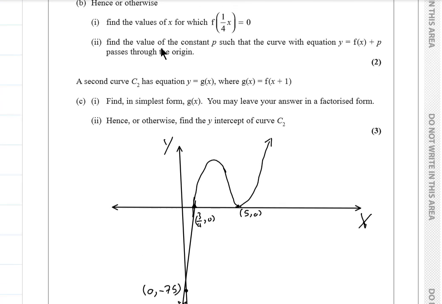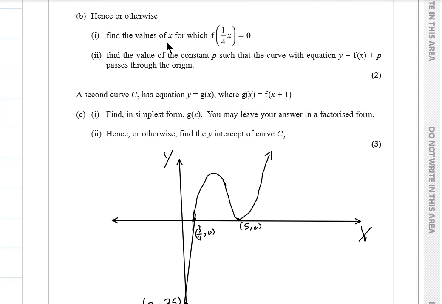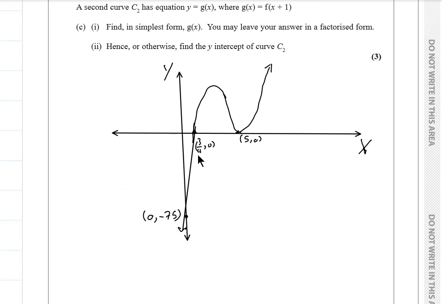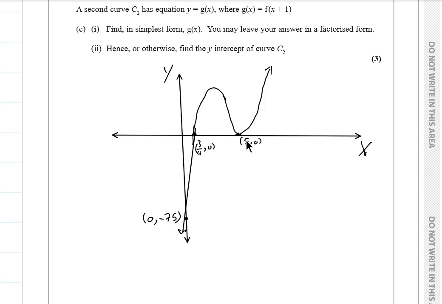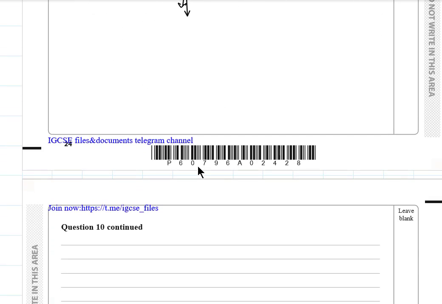So the required is to get the x-coordinate only. I will multiply 3 over 4 by 4, and also I will multiply 5 by 4 to be 20. So the answer of B, i, will be x equals 3 and x equals 20.